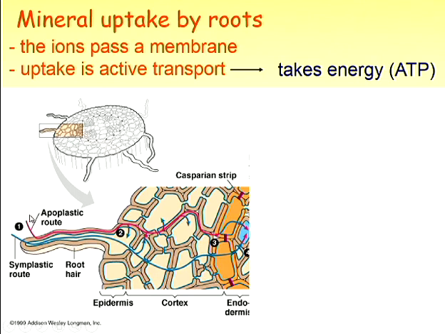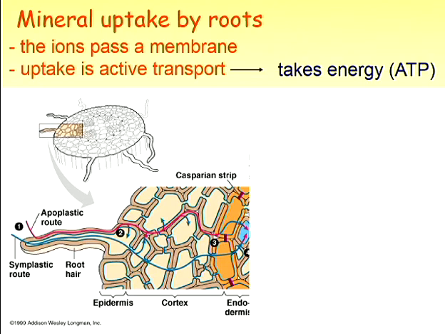Another route that a mineral could take is the apoplastic route, which is shown in pink, because cell walls are not any barrier for minerals. They're small enough so they can just diffuse with the water through the cellulose and lignin fibers all the way through the cortex, but then it would bump into the endodermis, the Casparian strip, which is impermeable for water and for anything dissolved in that water.